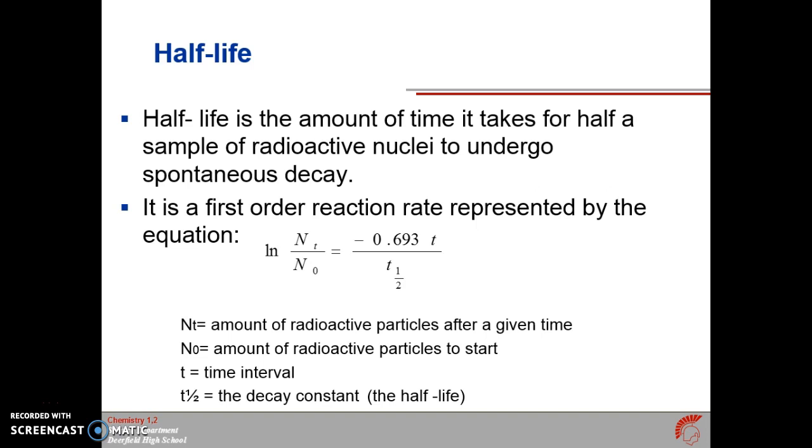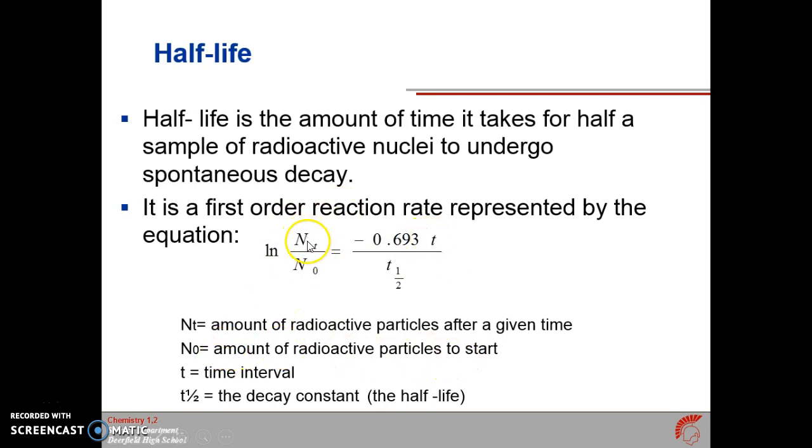So half-life is a first-order reaction, which is going to come back to you when we start talking about kinetics. It's a first-order reaction represented by this equation typically. So you have N sub t, the amount of radioactive particles you have at time t.